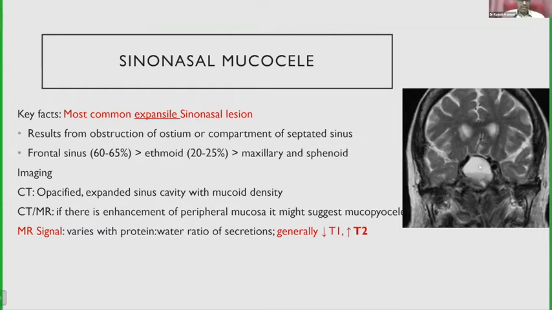Usually the mucocele, because of the protein content, many times will appear brighter on T1 weighted image. It will be bright on both T1 and T2 weighted images. And how will you differentiate mucocele from a fungal mass? A fungal mass will have T2 hypointensity, but mucocele will have T2 hyperintensity, and there will be peripheral enhancement in fungal sinusitis.